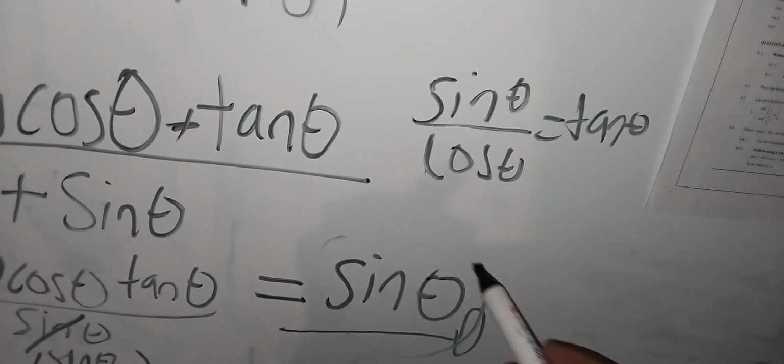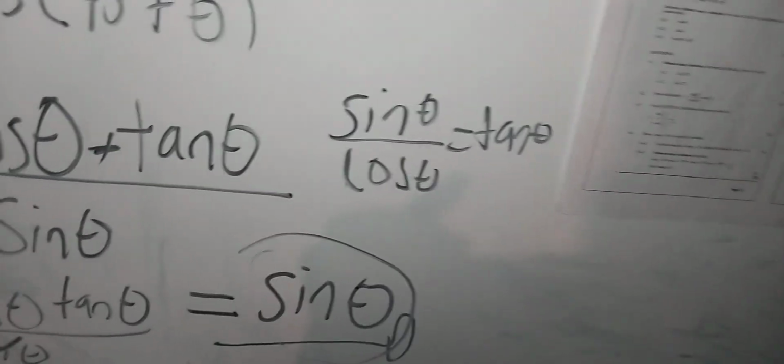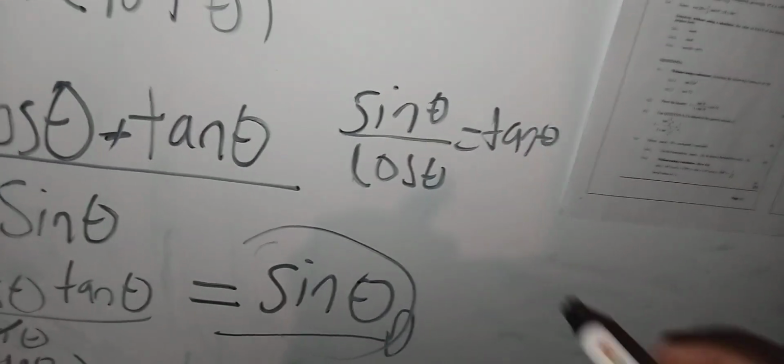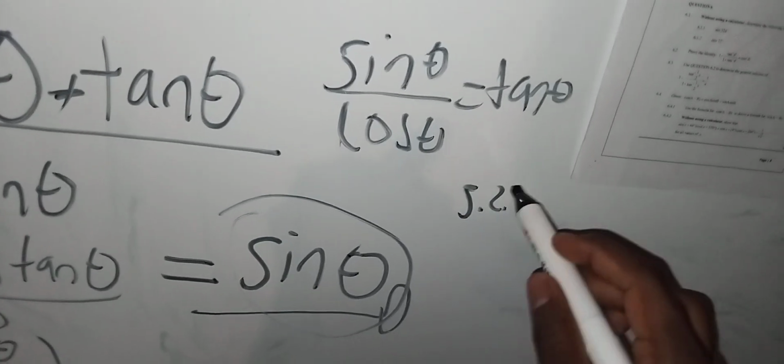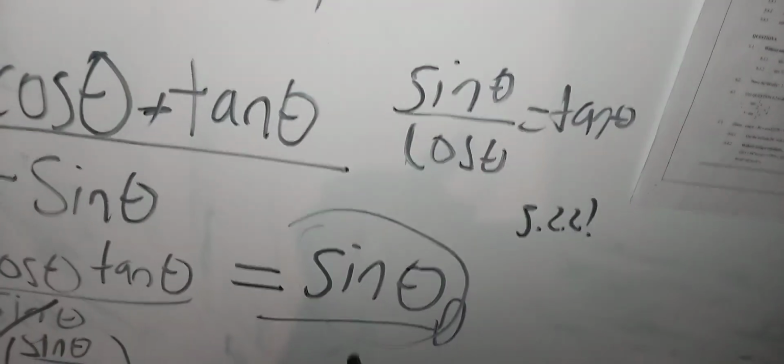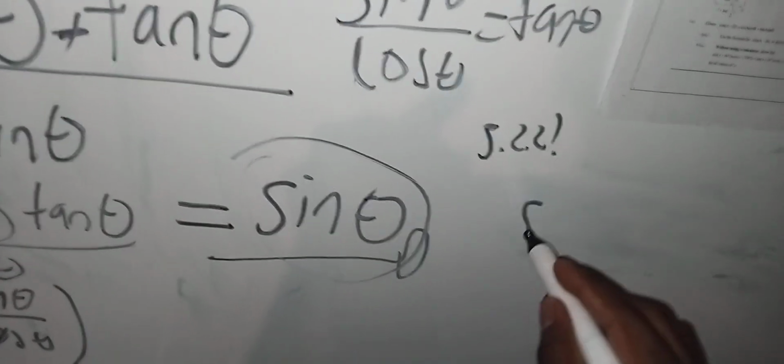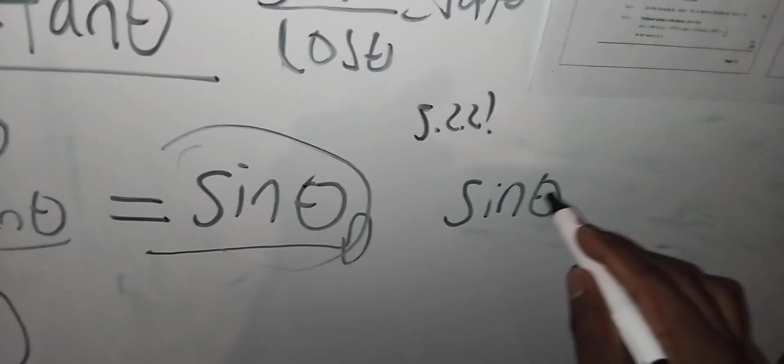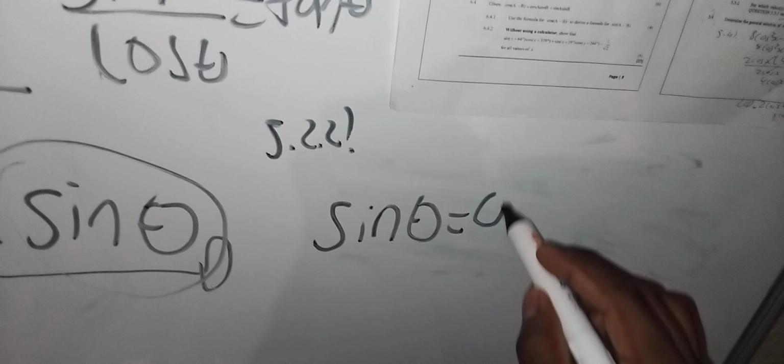And if you think about this, guys, we're actually given that it's equal to 0.5. So imagine that we're told to calculate the value of theta, which is an angle. If you look at this here, guys, we can translate this into an equation, right? And this is 5.2.2. So basically all of this here is equal to this trig ratio. So imagine if I say sine theta now is equal to 0.5.